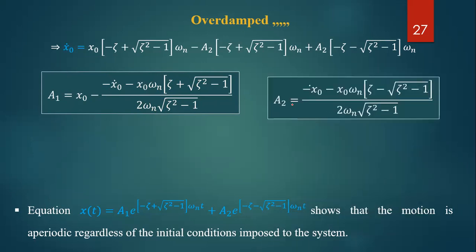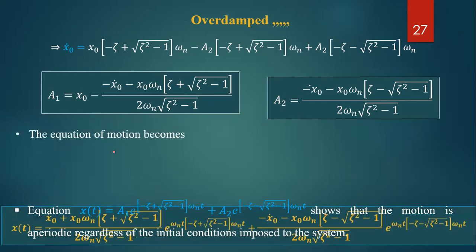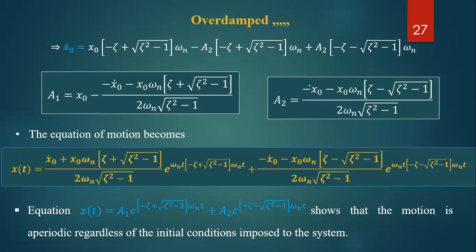And A2 is minus x naught dot minus x naught omega n, the whole times zeta minus radical zeta square minus 1, over 2 omega n radical zeta square minus 1. These are two constants. The motion equation becomes, substituting these values, this is the constant A1, and this is the constant A2.